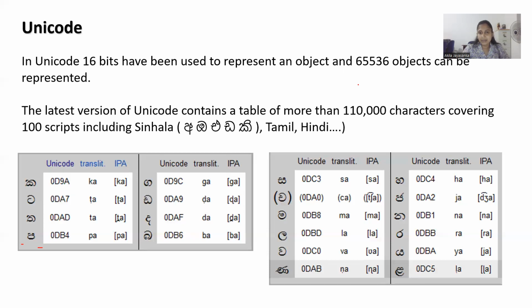Unicode, you can see the difference. Unicode represents 16 bits. It can represent 65,536 objects.